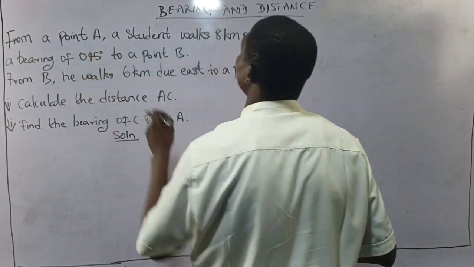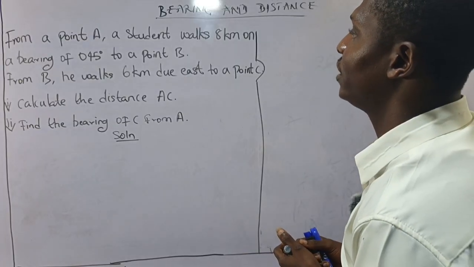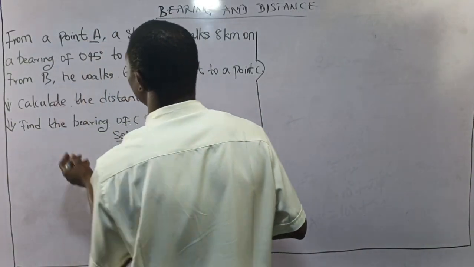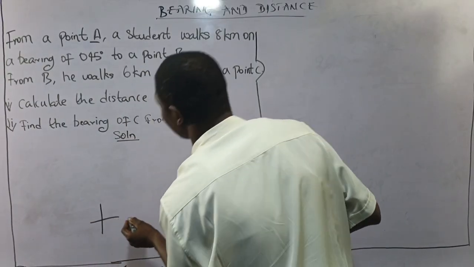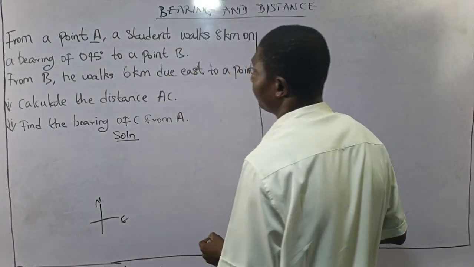Now we have: a student walks 8 kilometers on a bearing of 45 degrees from a point A. So A has this bearing, which is 45 degrees, northeast.